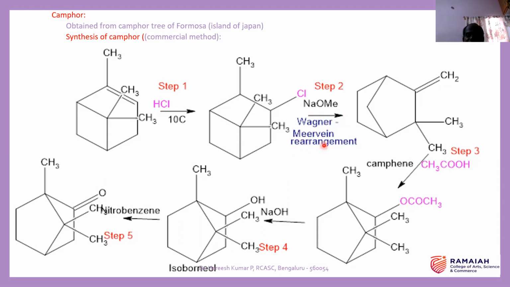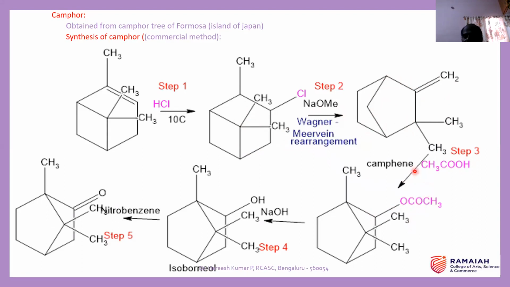So a Wagner-Meerwein rearrangement is involved here, and that is how camphene is obtained. It's an intermediate. When this camphene is treated with acetic acid, it will form an acetate at this position. Anyway, I will explain how this intermediate is obtained, starting with the chloro compound, in the next slide, not now.